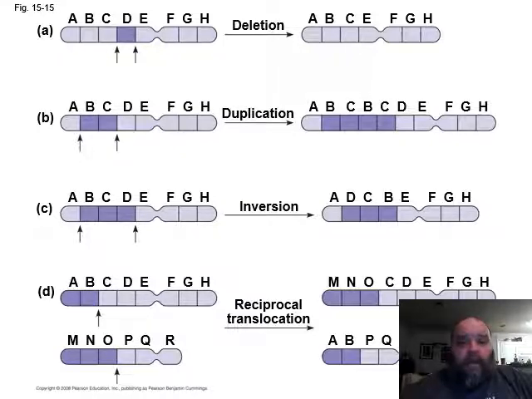And then you get what's referred to as the translocation, the reciprocal translocation. AB, which was on chromosome 7, swaps with MNO from chromosome 12. The genes are still there, they're just now at different loci. Will that matter? For this, maybe, maybe not.